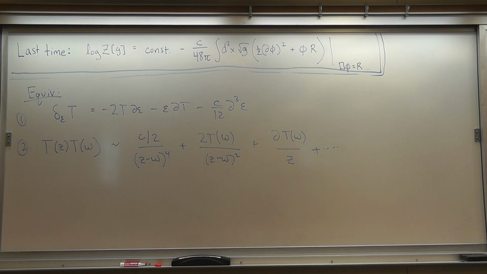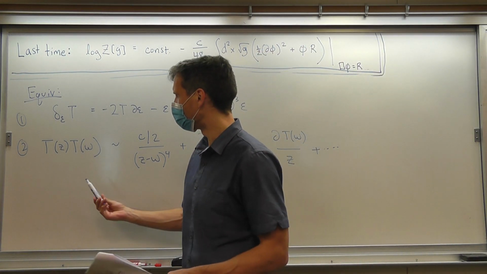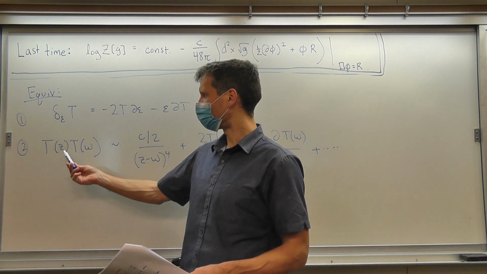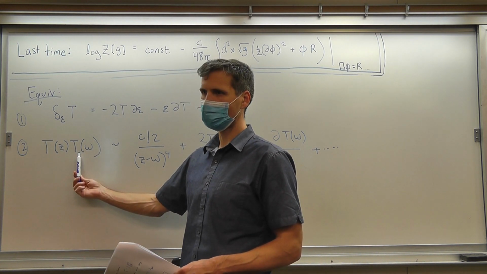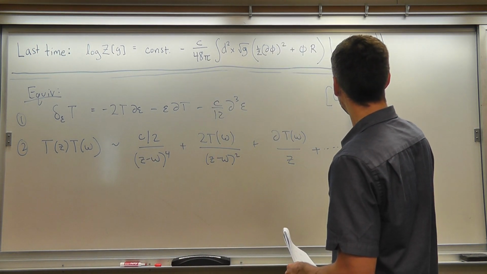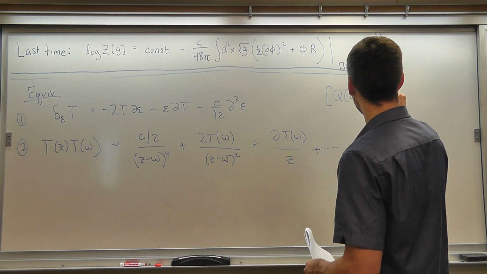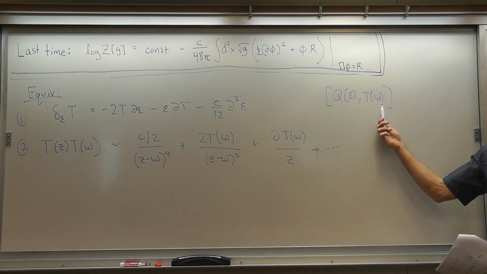Okay, why does this have anything to do with conformal transformations? Well, and we'll see an example of this, the reason is that the way to do a conformal transformation is to act on T with a conformal charge, like Q of epsilon acting on T of W will tell you how T transforms under a conformal transformation.